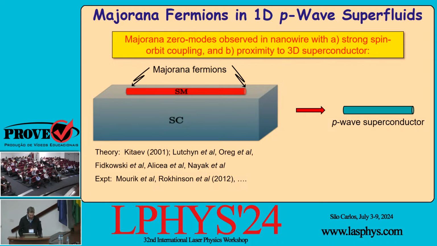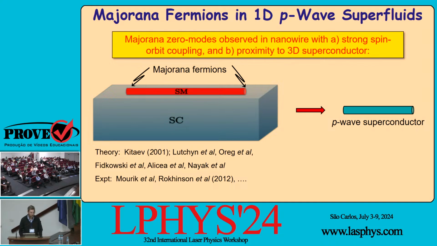This is a theory that was in a proposal done by Alexei Kitaev, and Kitaev suggested that you need a P-wave interaction, and since we don't have P-wave superconductors, which think about that for a little bit, because we don't know why we don't have P-wave superconductors.